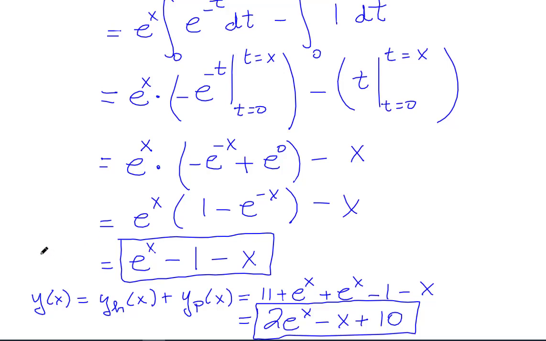So all of this is my particular solution. And if you combine that with the homogeneous one and combine like terms, I've got 11 minus 1 is 10. I've got this minus x, and I've got a 1e to the x, another 1e to the x, so 2e to the x.